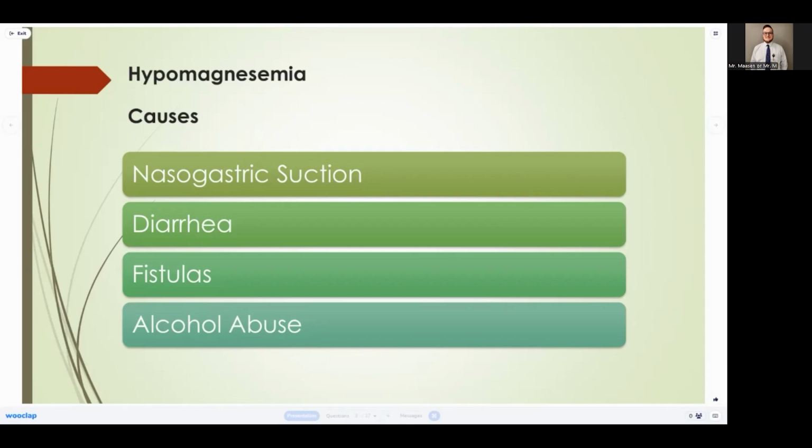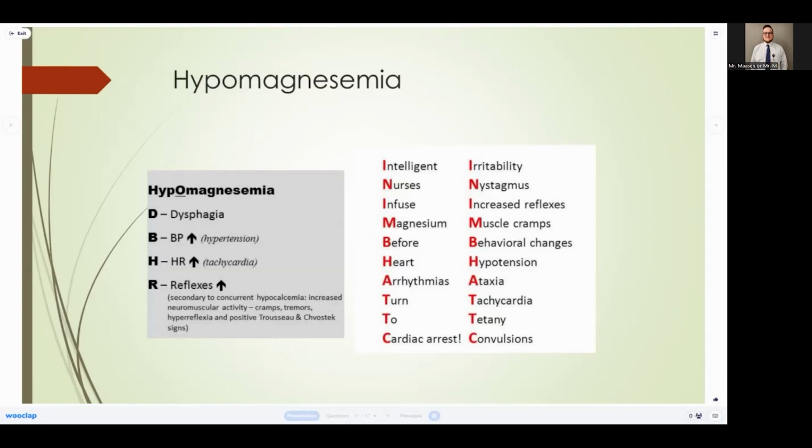Alcohol abuse, because of the way alcohol is processed by the liver, takes up some of our magnesium levels. So common causes of low magnesium are loss in the GI system and alcohol abuse. And so magnesium, again, is similar to potassium levels as far as weird heart rate issues.